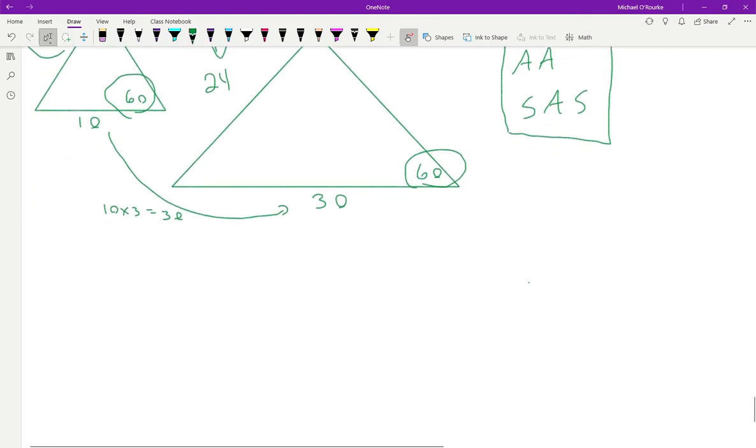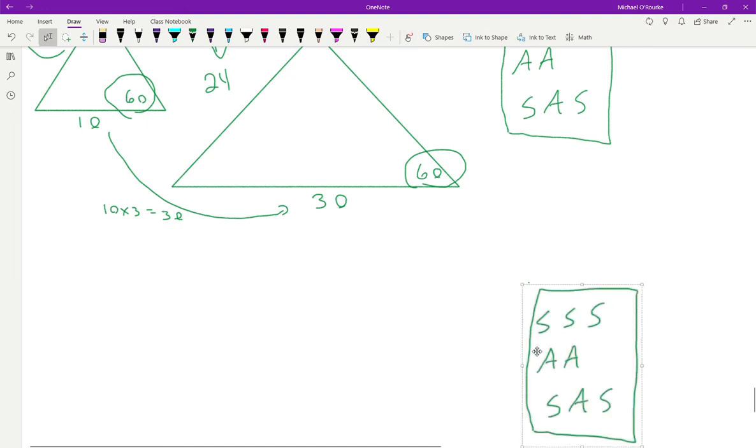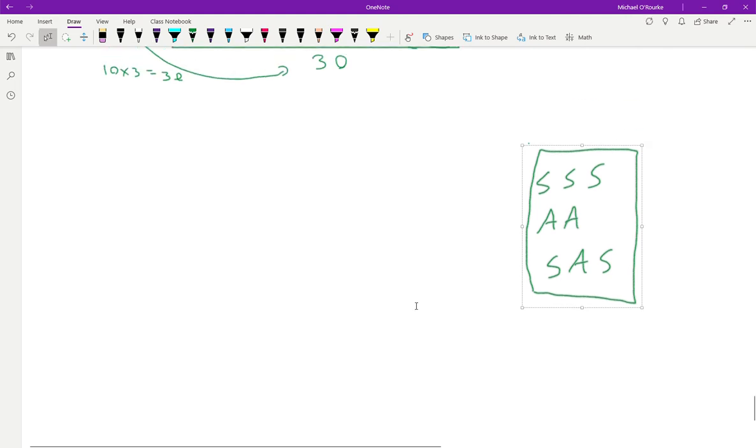So let's try this one here. So let's make 2 triangles.